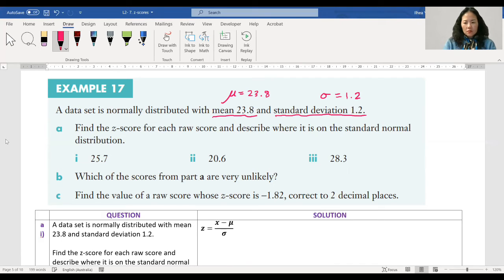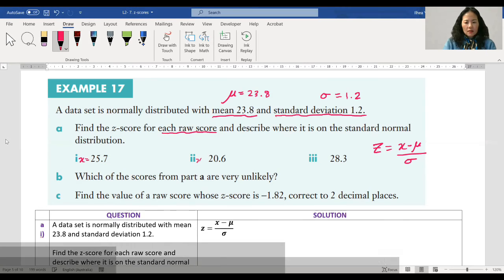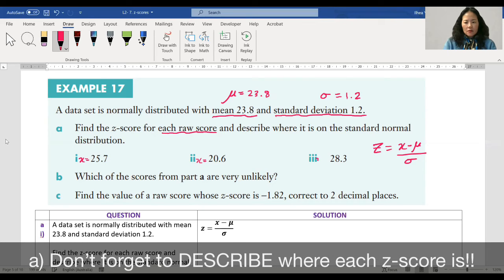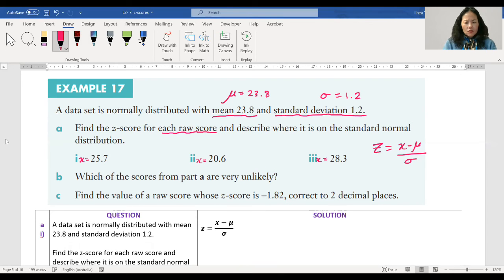So I'm just going to put the formula there. Each raw score, that means this is just X. They're all X. So that's what I have to do for part A. Part B, let's have a look. Which of the scores from part A are very unlikely? Sort of like we're looking at the outliers, the unusual ones. Part C, find the value of the raw score.